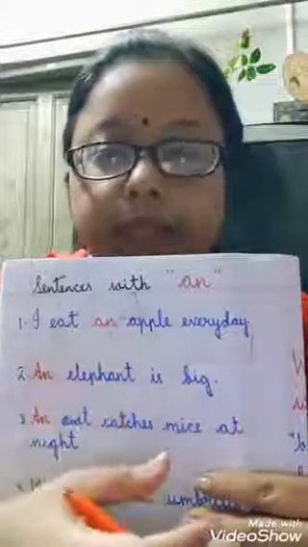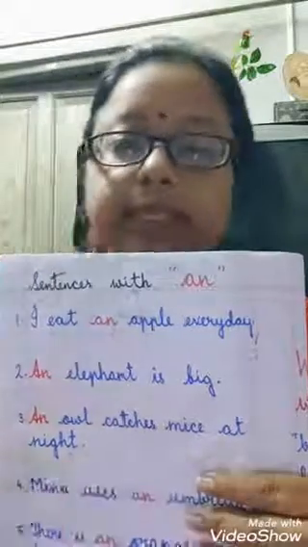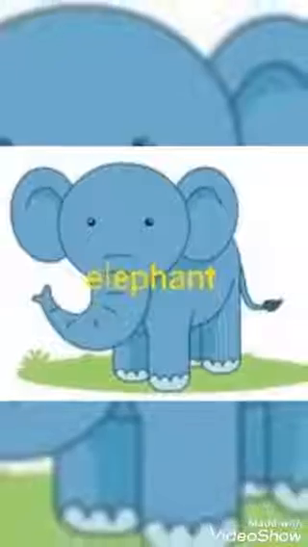I'll tell you about the next sentences. It will be more clear to you. So let's see the next picture. We have seen the picture of an elephant. Let's make a sentence out of that. It will be a small one.